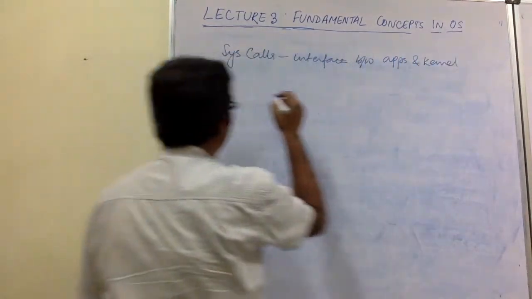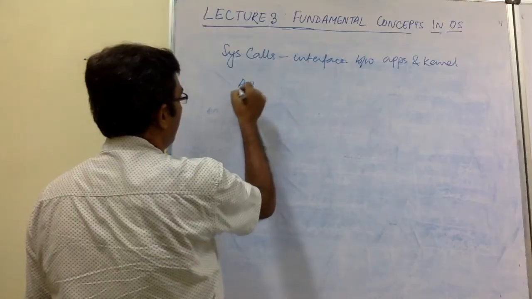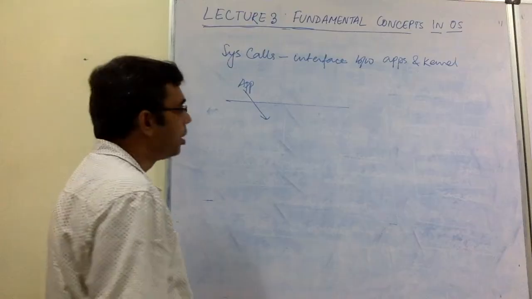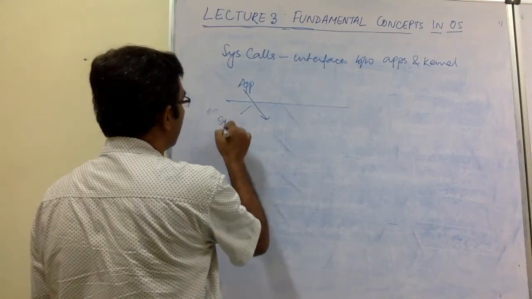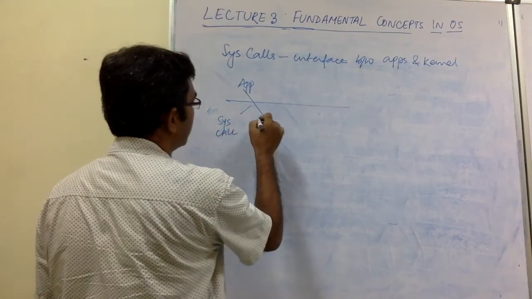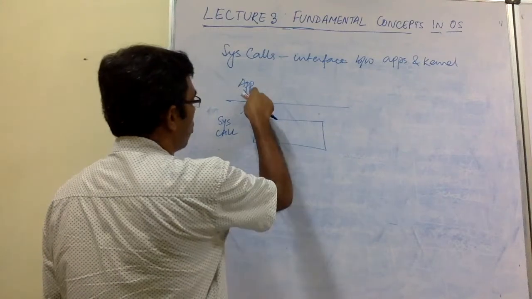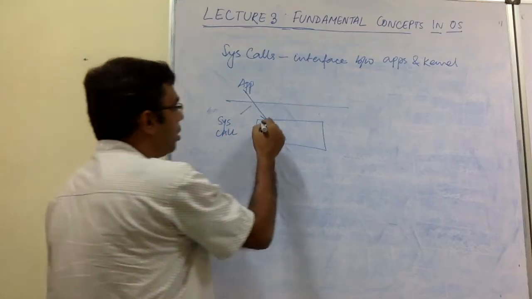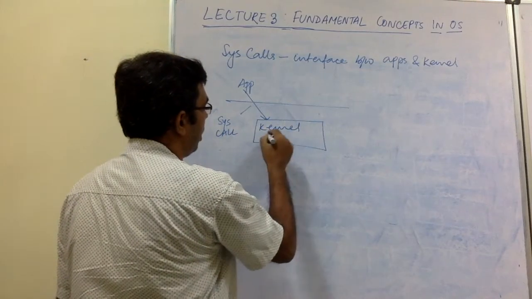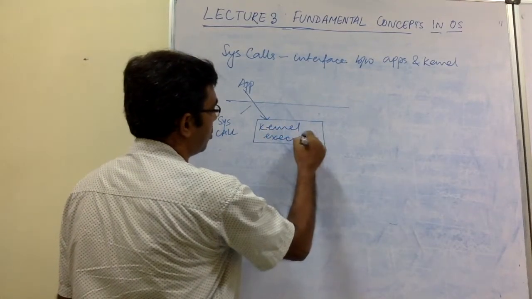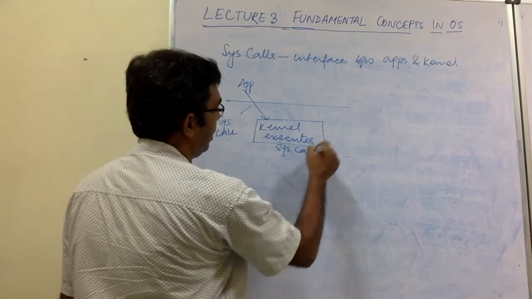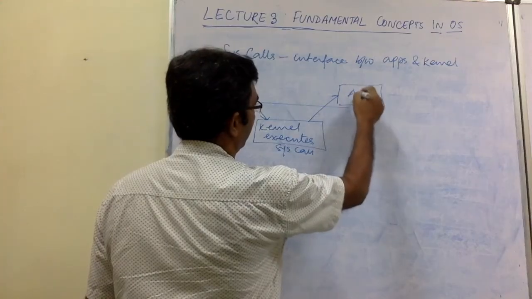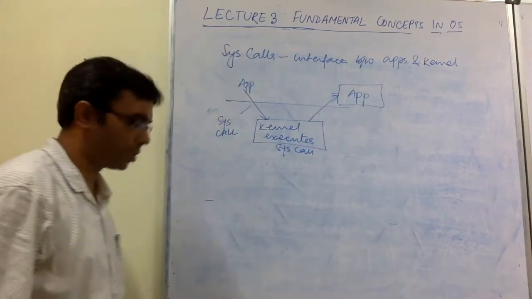And this is the way in which applications request some job to be done by the OS. So this is how the syscall works. Whenever an application wants some privileged instruction to be executed, it requests a system call. The kernel executes the syscall, and then it sends it back to the app. Okay, so this is how it works.